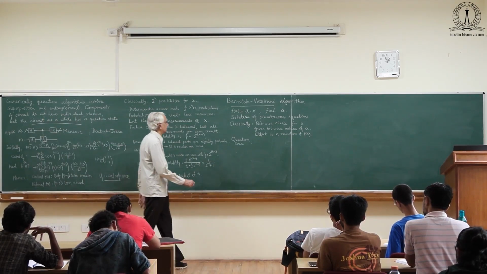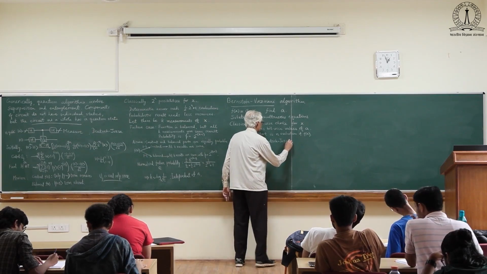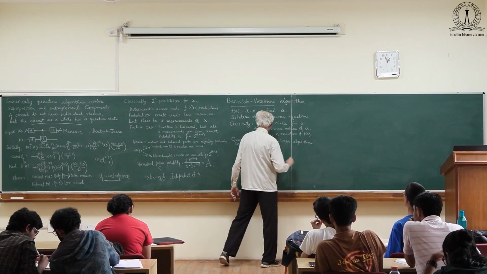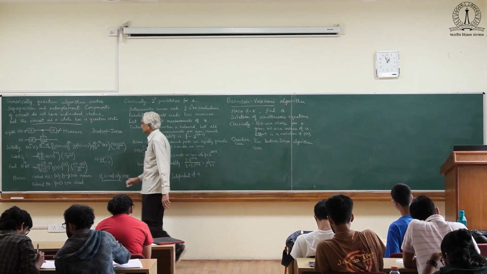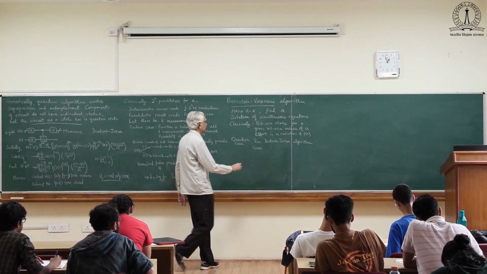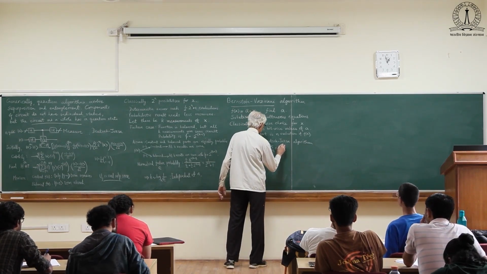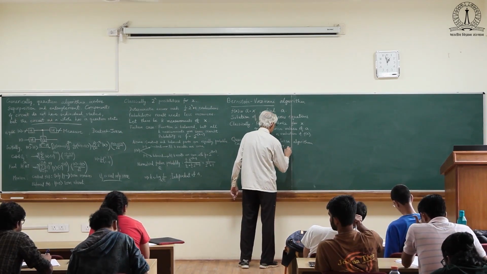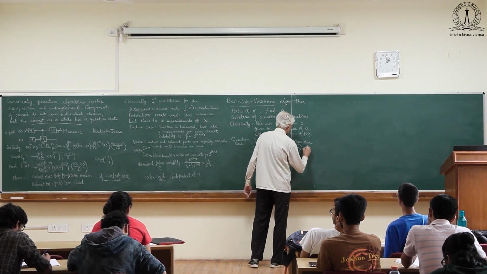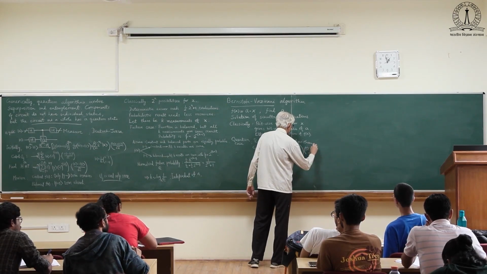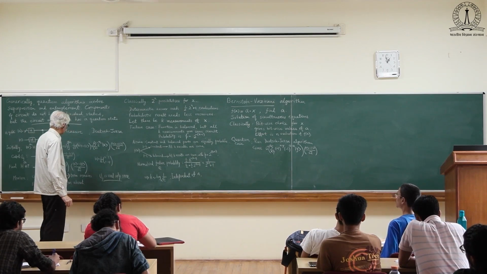So the final result is this: 2 raised to minus n, summation over x and y, both minus 1 raised to x dotted with y, then minus 1 raised to a dotted with x of y, and this other part is unchanged. The only thing I did is put in an explicit form of f(x).